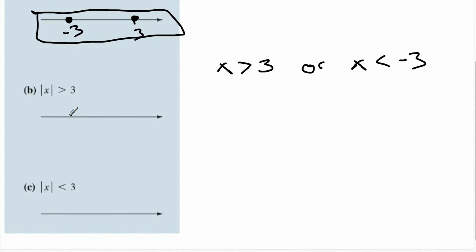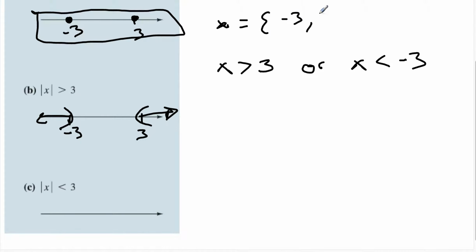So then negative 3 and 3, x is greater than 3, so we're going to go this way to the right, or x is less than negative 3, so we're going to go this way to the left. For this first one, the solution set was x is equal to negative 3 and 3.